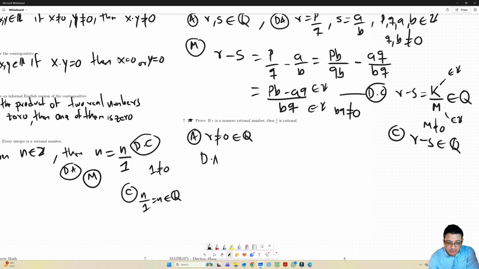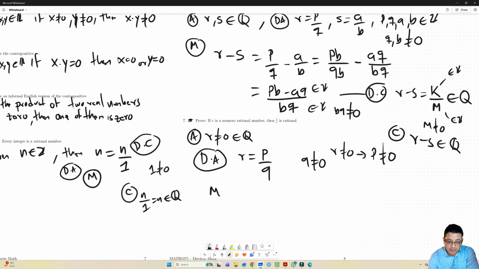So by definition of the assumption, step number 2, r is going to be p over q. And notice that by my hypothesis of being a rational, I know that q is different from 0, but also because r is different from 0, that implies p is different from 0. So both p and q are going to be different from 0.